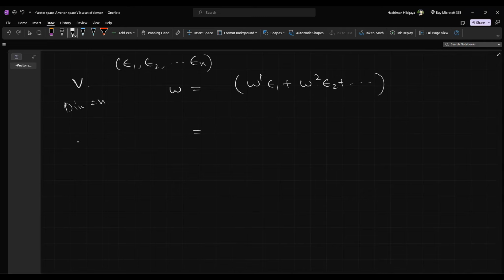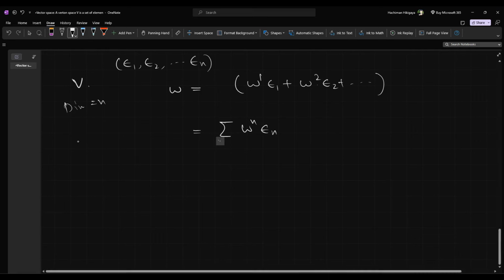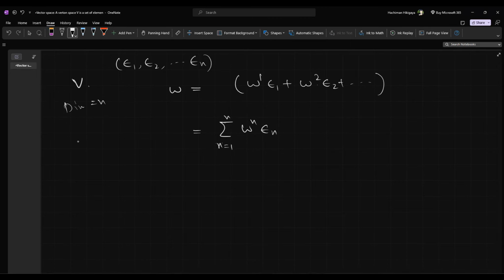So I can write it as a summation over i, where i goes from 1 to n.